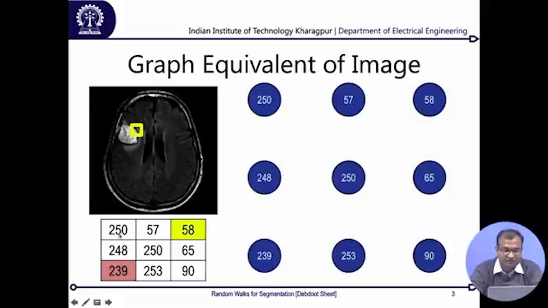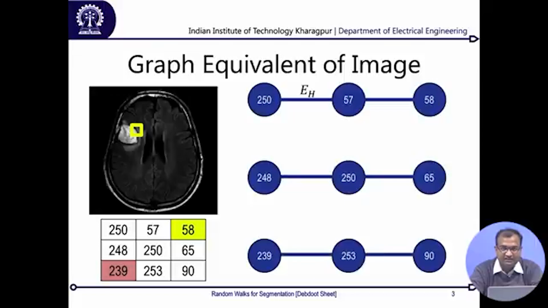So, if this has a coordinate position x, the node also has the same coordinate location x. Once we put down all the nodes, the next thing we need to do is draw connections between these nodes, and these are called edges. As we keep on doing, you can draw horizontal connections. These are called horizontal edges, or what we also define as E with a subscript of H.